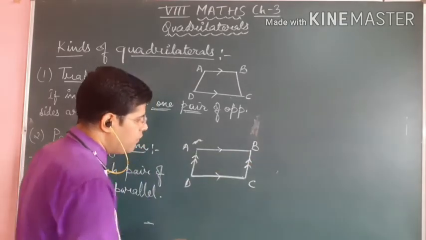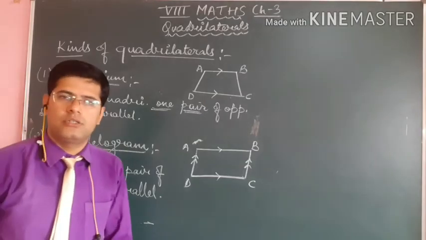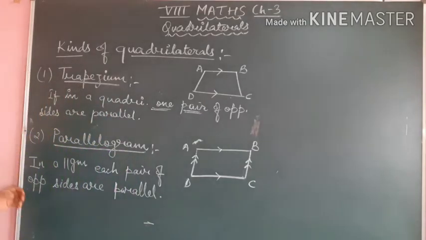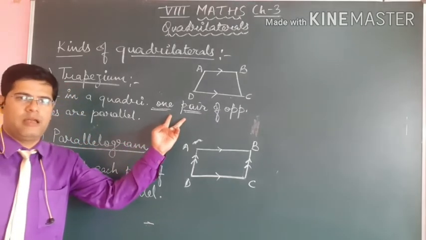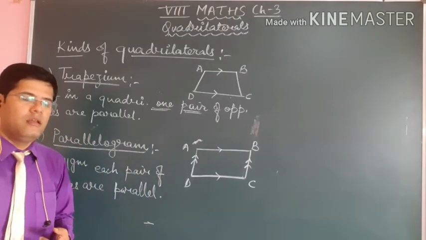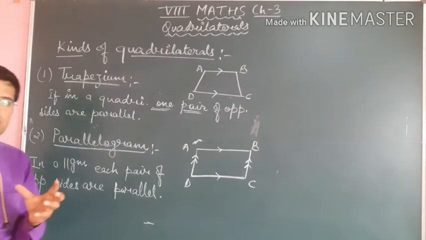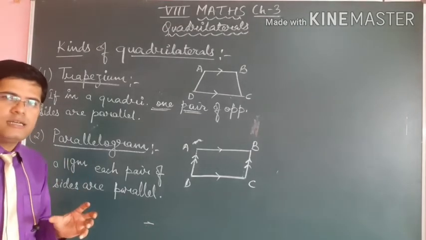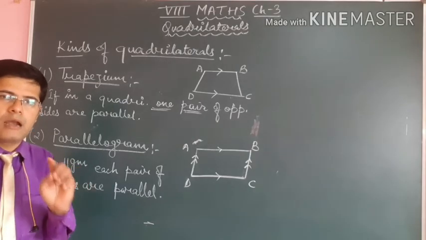So it has only two pairs of opposite sides and both are parallel to each other. If we relate it with a trapezium, in a trapezium only one pair of opposite sides is parallel. But in a parallelogram, each pair, meaning both pairs of opposite sides, must be parallel.